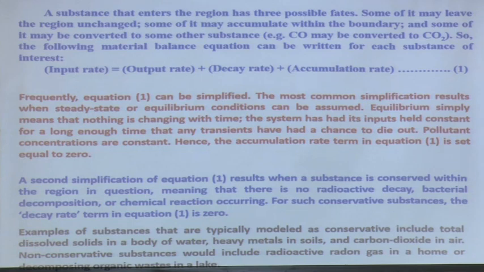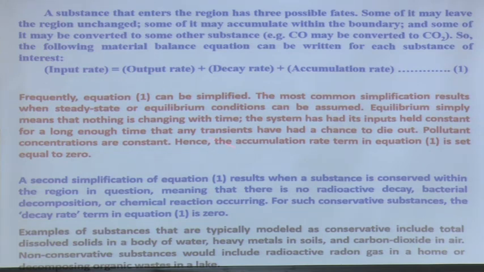Nothing is getting retained, so I can simply put these two as 0 and say that input rate is equal to output rate. This happens when the system has reached a steady state. Steady state means there is no accumulation or decay, so it is simply input rate equal to output rate.